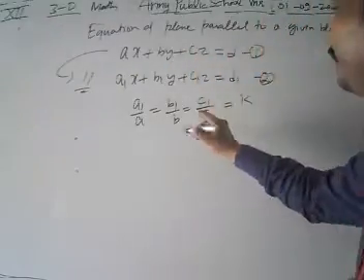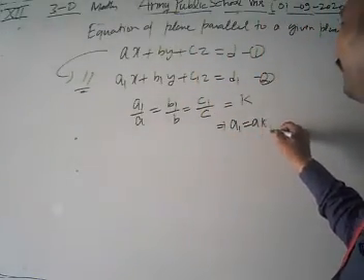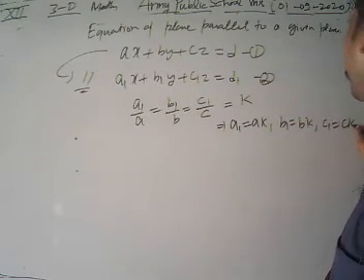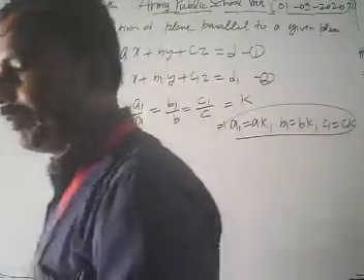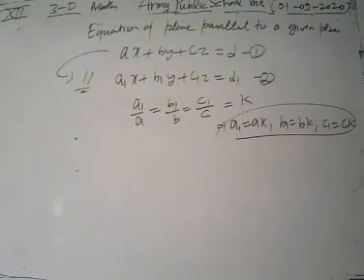Then the values of a1, b1, c1 in terms of k are given by a1 is equal to ak, b1 is equal to bk and c1 equal to ck. Now we have found the values of a1, b1, c1 in terms of a, b and c: ak, bk and ck.